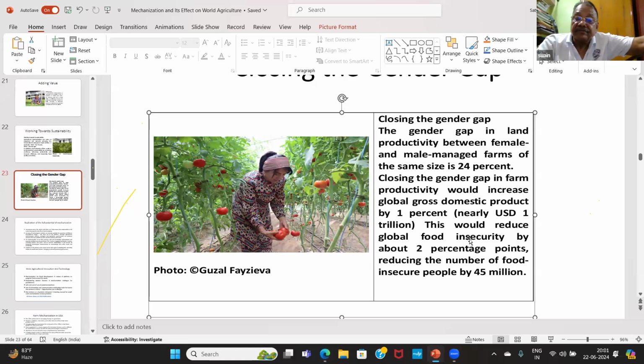This would reduce global food insecurity by about 2 percentage points. Percentage point means if this year it is 17%, it will come down to say 15%. And this is very important. If we reduce the gender gap, the gross domestic product of the world taken together will increase by 1%, which is 1 trillion US dollar.